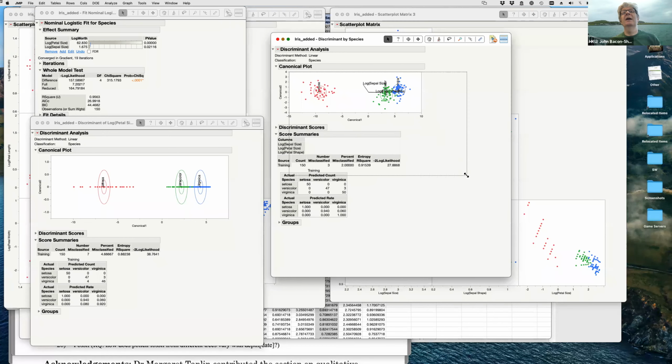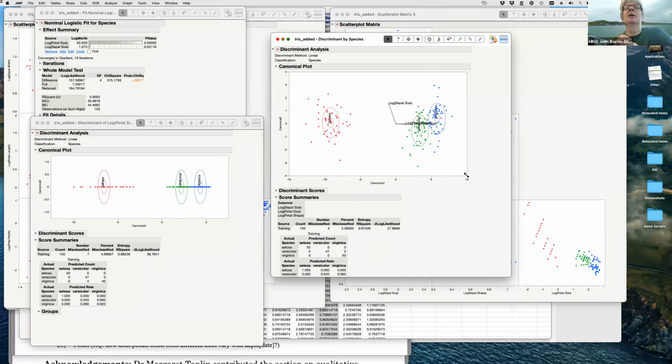This one has 3 variables, and it assumes that my distributions are normally distributed with a common covariance matrix. So it's a much stronger set of assumptions than this one, which just assumes a nominal logistic distribution.